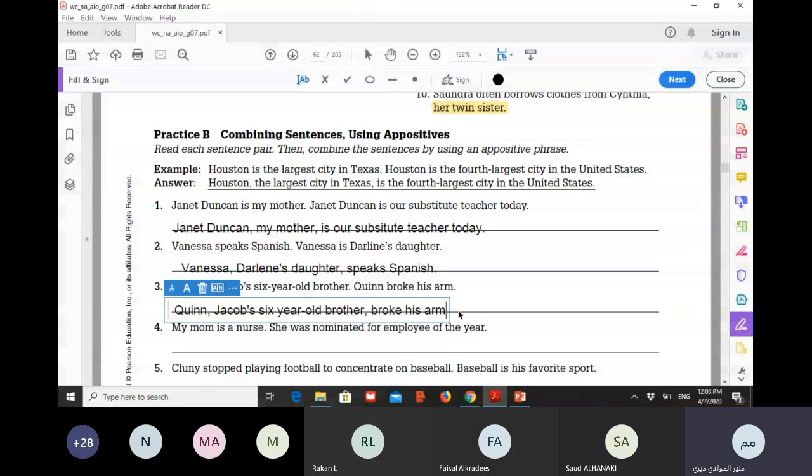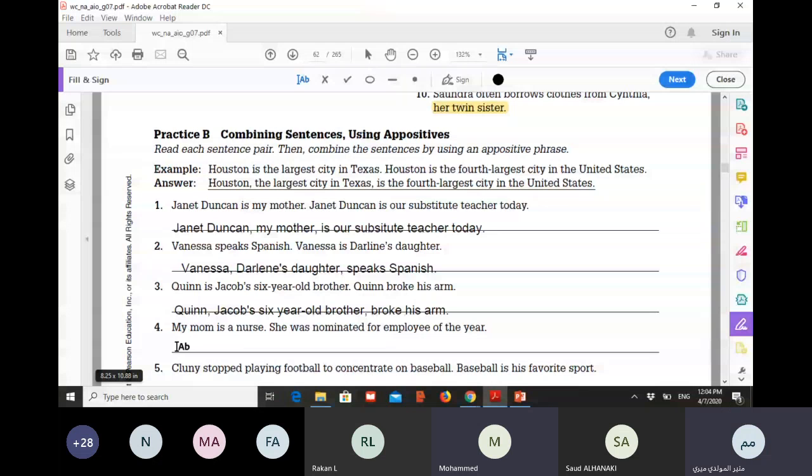Next, please, another volunteer. Muhammad Shawi? Yes, please. My mom is a nurse. She was nominated for Employee of the Year. My mom, comma, a nurse, comma, was nominated for Employee of the Year.